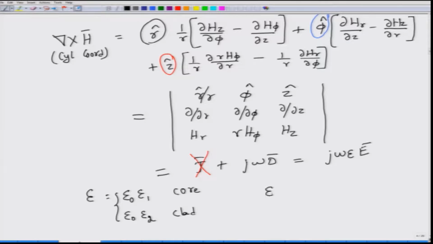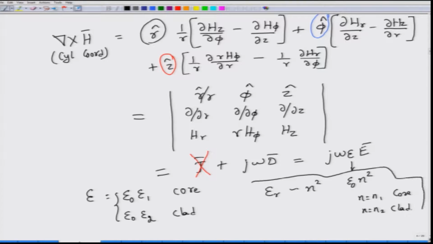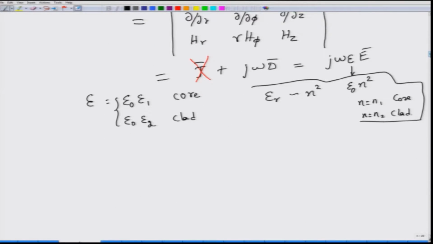But I also know that relative permittivity is nothing but refractive index squared. So I can write this epsilon as epsilon 0 n squared. I will substitute n equal to n1 for the core region and n equal to n2 for the cladding region. Anyway, we will not make this substitution at this point, we will do that slightly later.